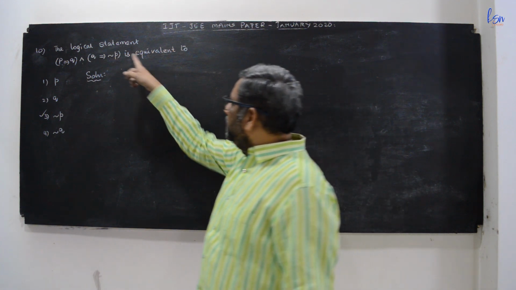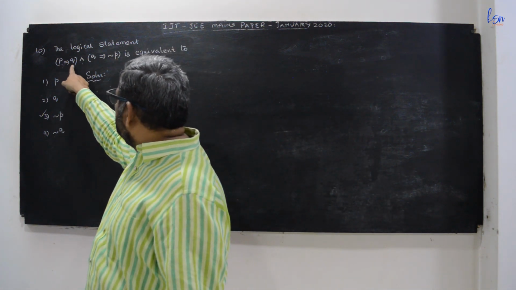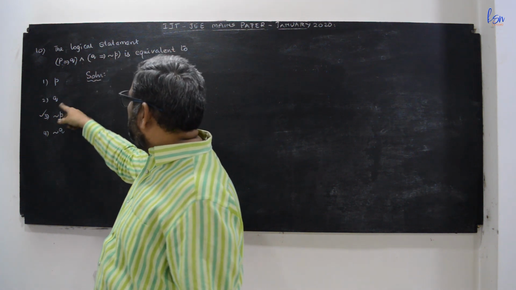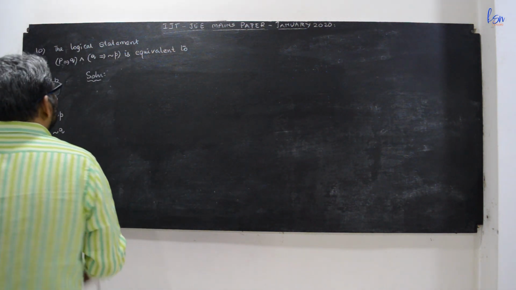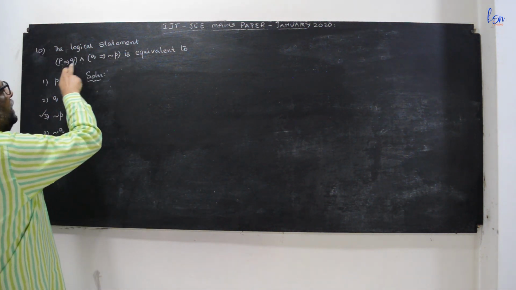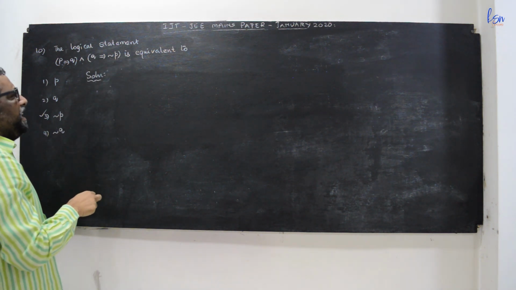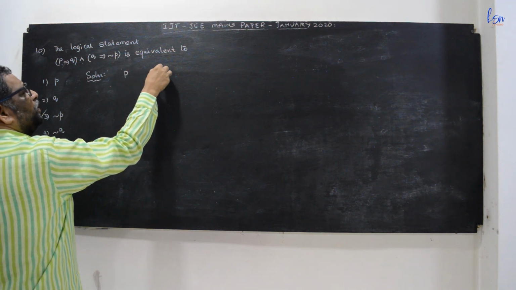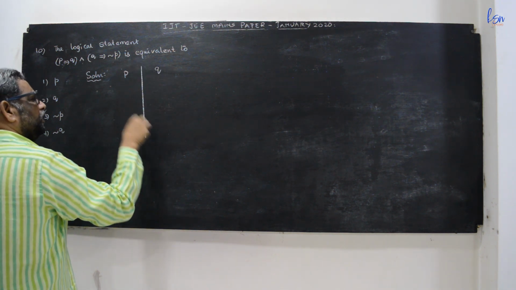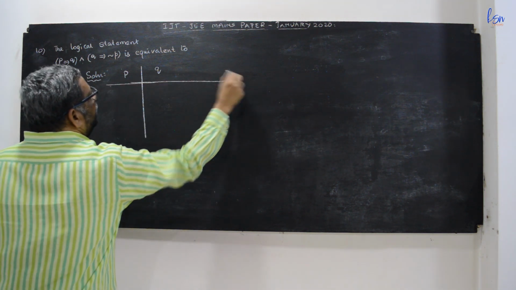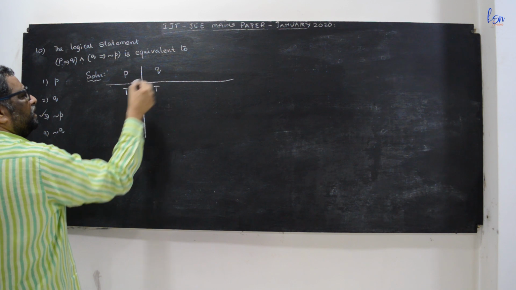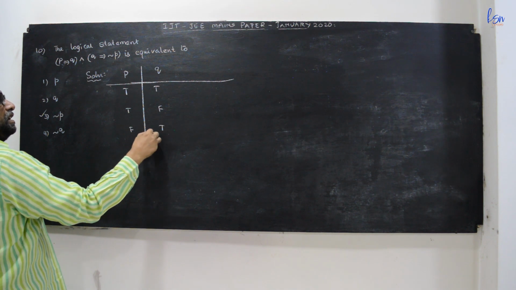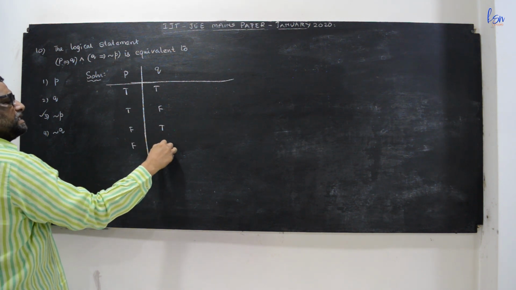The next problem is: the logical statement of P implies Q and Q implies negation P is equivalent to. Among these options, we will check the option. Solution. Now here, this can be done with the help of the truth table. So, the truth table is, let us consider P, Q. Here, we can consider true, true, true, false, false, true, false, false.